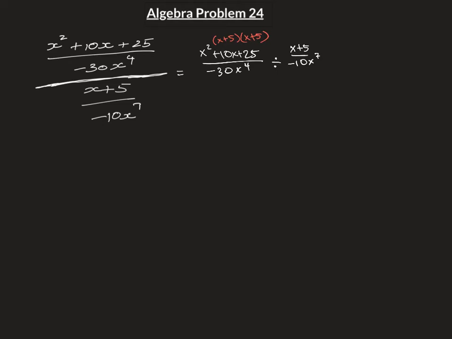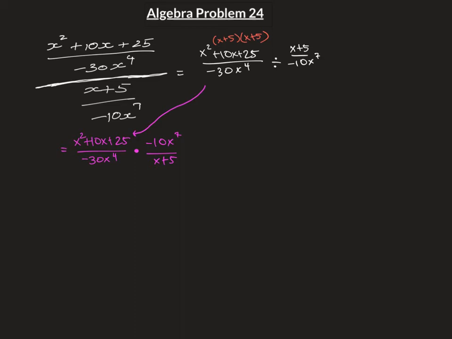This x squared plus 10x plus 25 divided by minus 30x to the power of 4 divided by x plus 5 divided by minus 10x to the power of 7 will be the same thing as x squared plus 10x plus 25 divided by minus 30x to the power of 4 multiplied by minus 10x to the power of 7 divided by x plus 5.